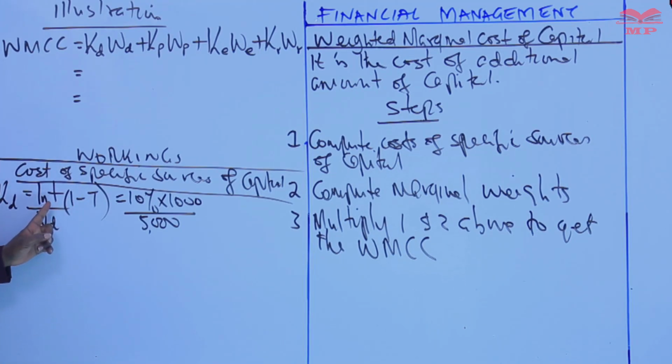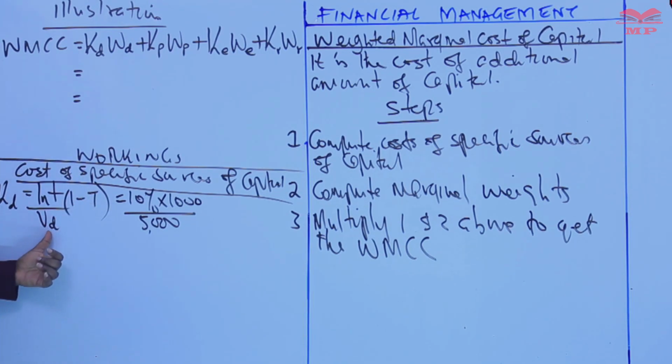This interest in the formula is interest per debenture, and that is the coupon rate. So when calculating debenture, you apply the interest on the par value, the book value per debenture. The 4,900 in the question is the total value of debentures. That is the 1,000 shillings times the number of debentures. You will get 4.9 million.